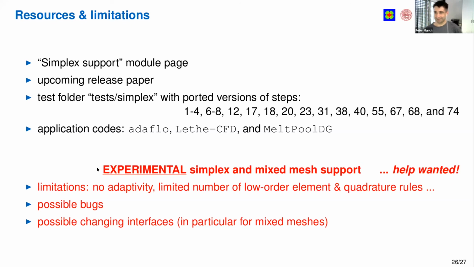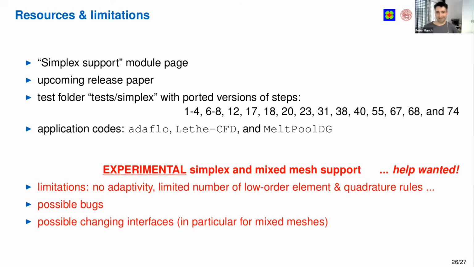I would quickly want to talk about the title of this section of the presentation, why it's called experimental support. Essentially, deal.II is a huge library. A lot of people have spent a lot of time to get to the stage at which we are right now, but there's still a lot of work to do.